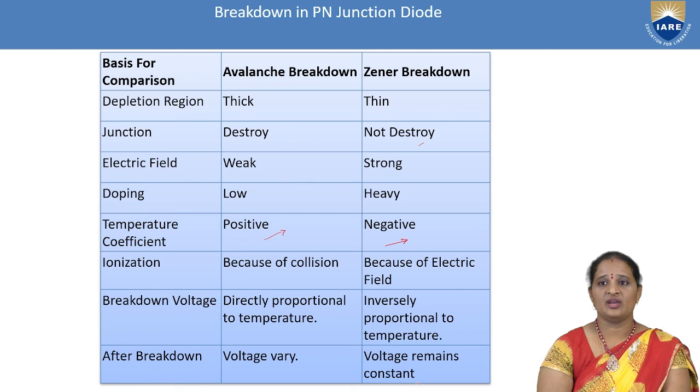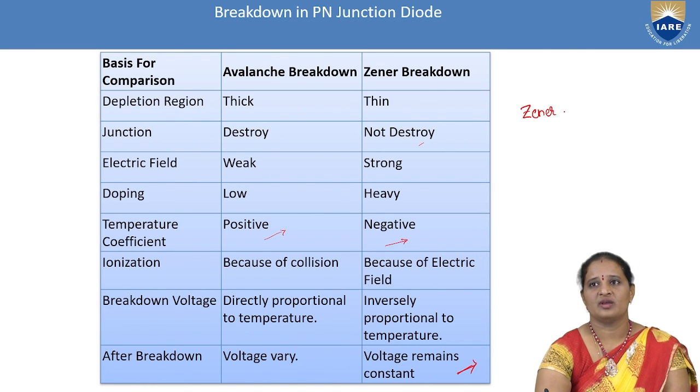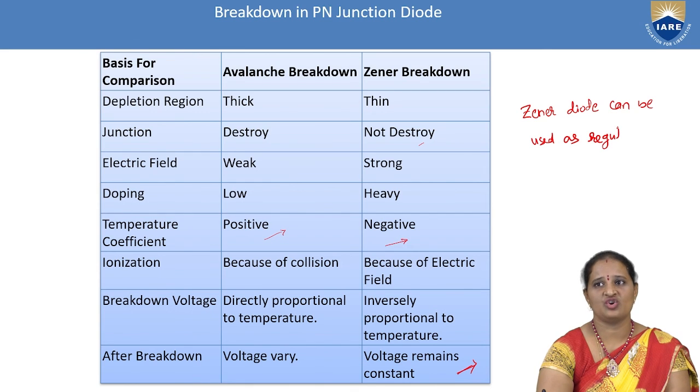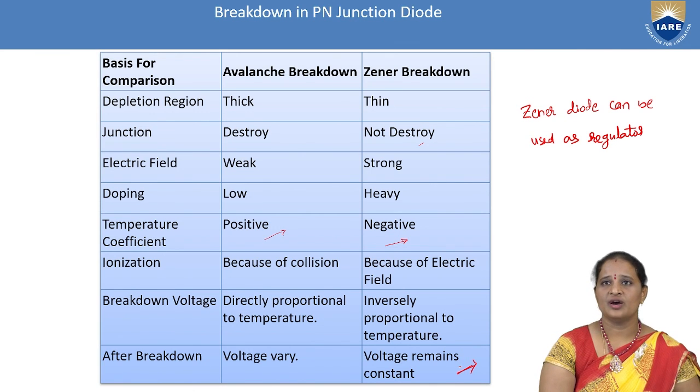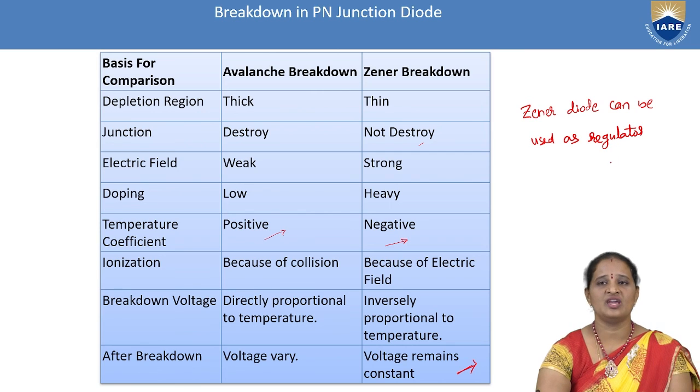Due to this property of constant voltage, the Zener diode, that is a heavily doped diode, can be used as a regulator. That is a major application of the Zener diode. We always operate the Zener diode under reverse bias condition, and it can be used for voltage regulation applications.